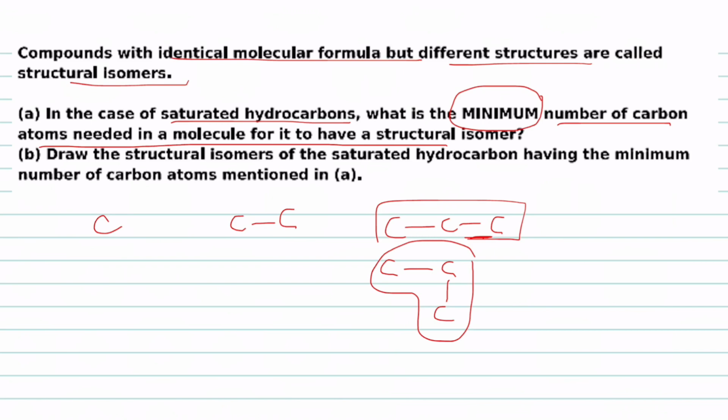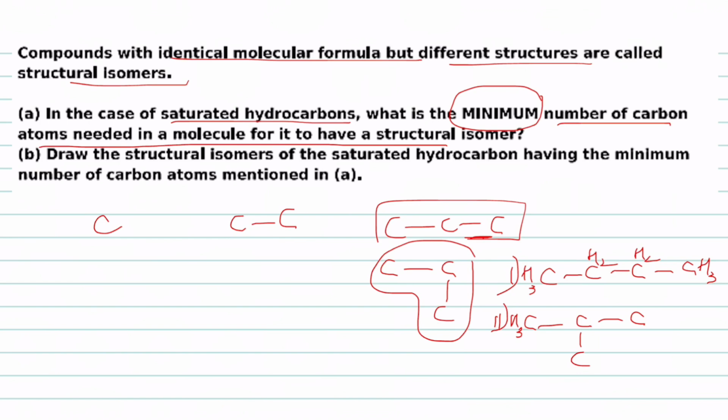But with four carbons, what do we have? With four carbons, this is one isomer. Then we can actually have a branch point. Here, this is a branch. So let's now saturate it with hydrogen. CH3 here, CH2, CH2, CH3. In the second, CH3.